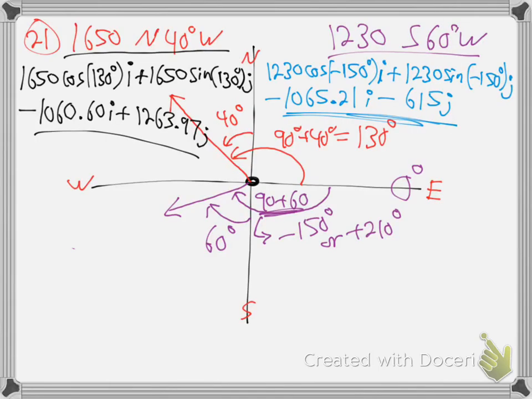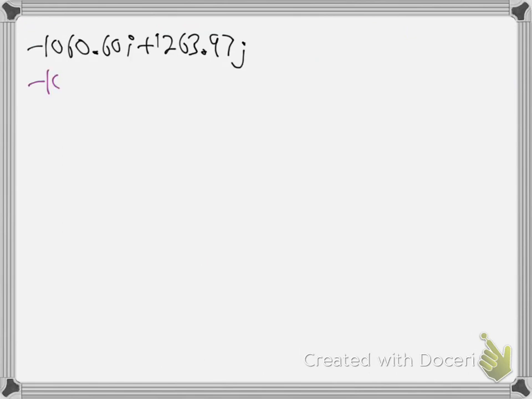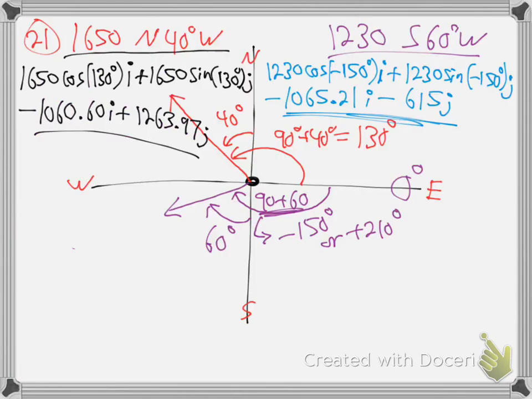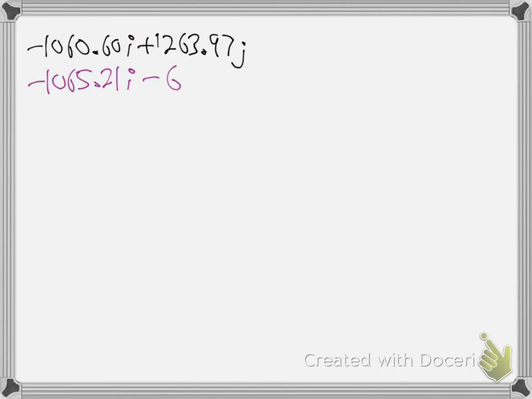The second vector is minus 1065.21i and minus 615j. So the resultant vector, you just add I with I and j with j. So what are you going to get there?